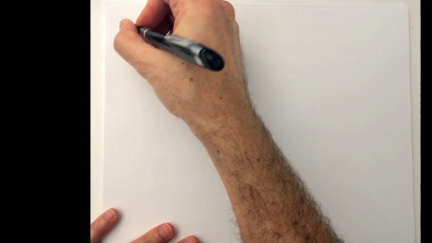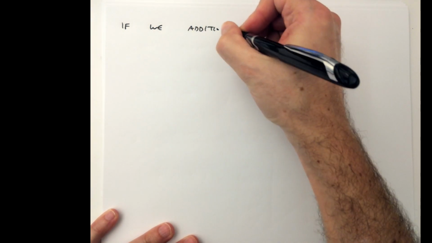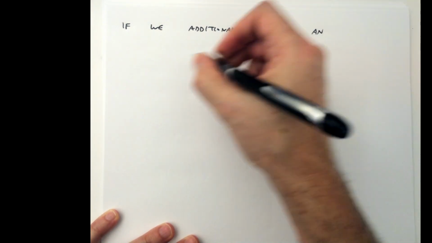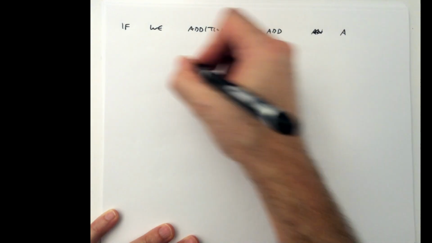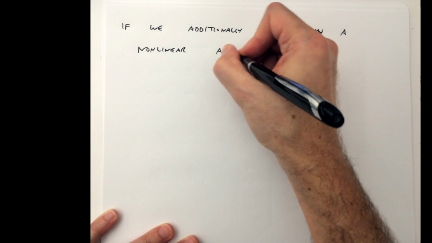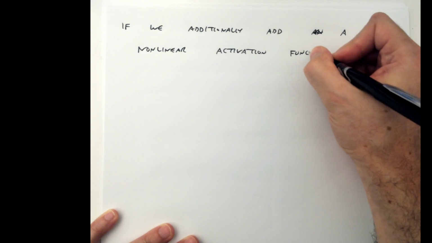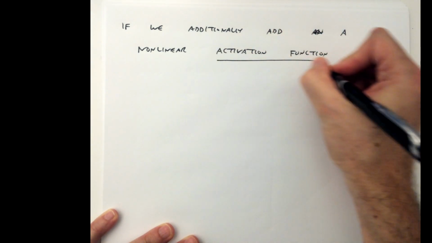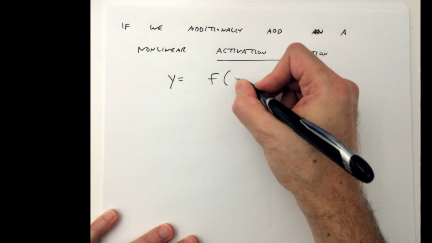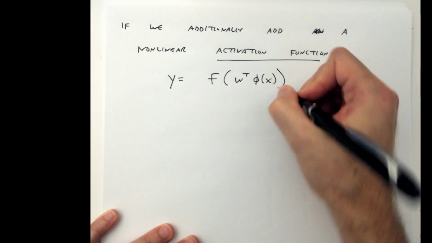if we additionally add what's called a nonlinear activation function, and our model is like some function times some weights times some features.